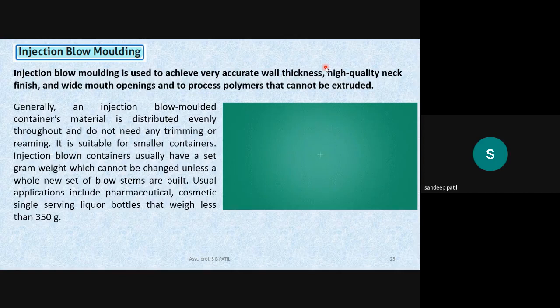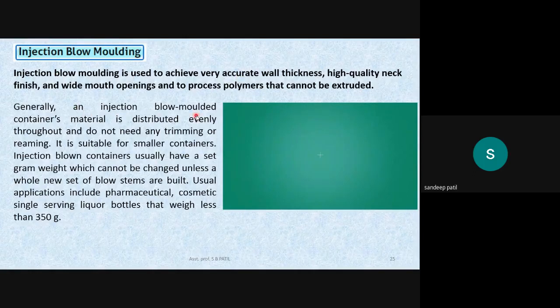But sometimes some polymers cannot be processed in the extrusion process. For those we need to inject them into the next process, and that is why for such polymers that cannot be extruded, we go for injection blow molding.